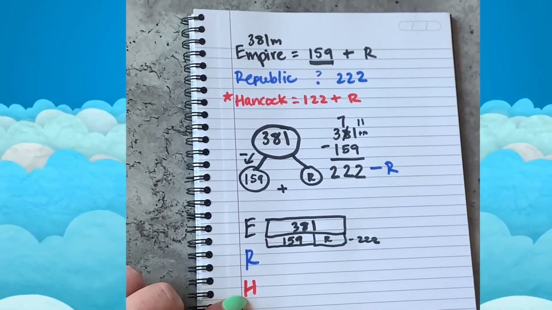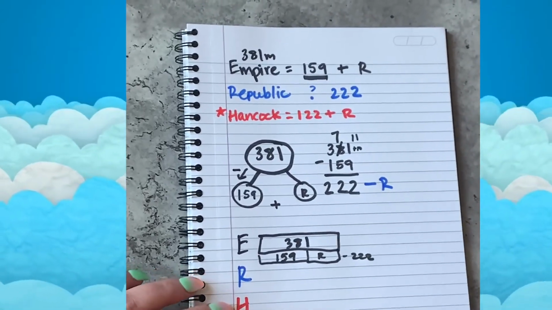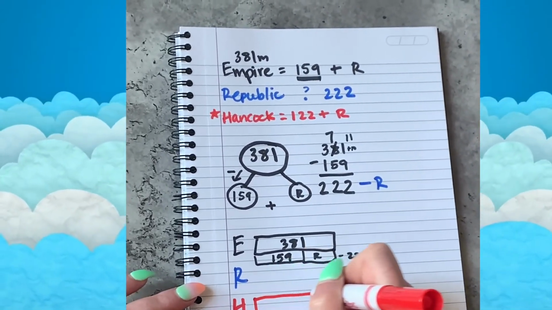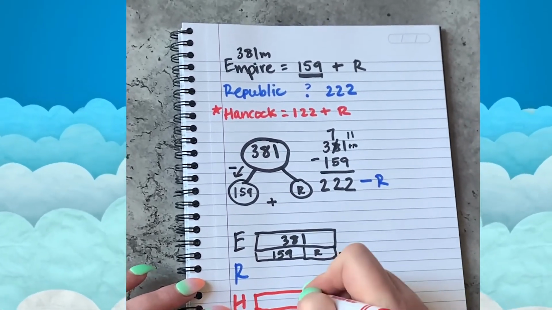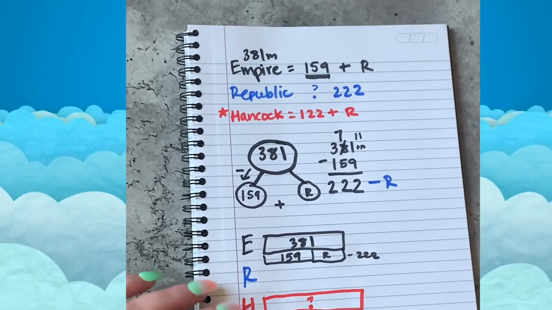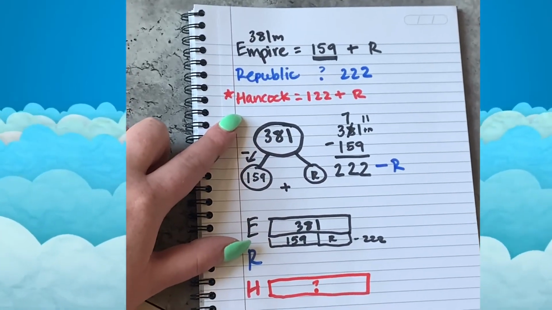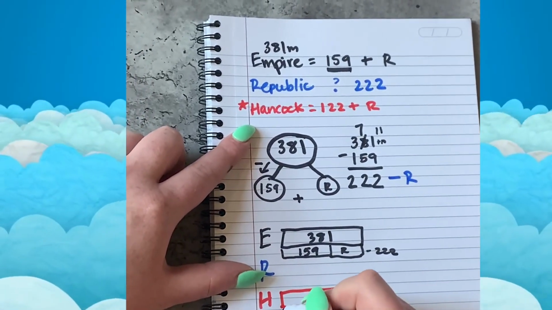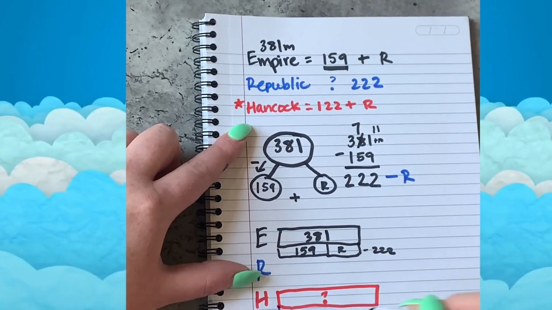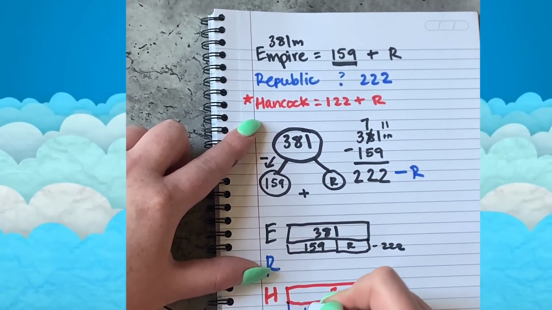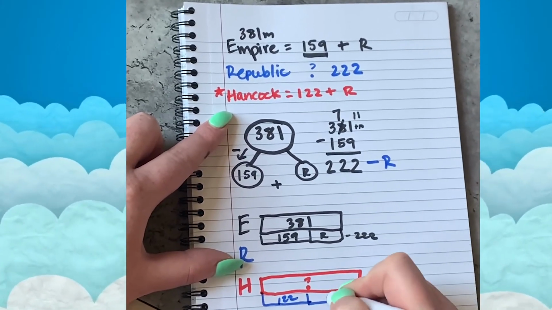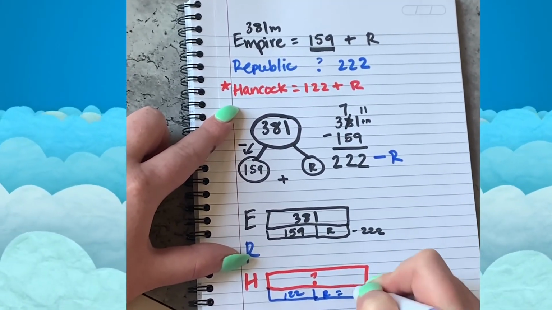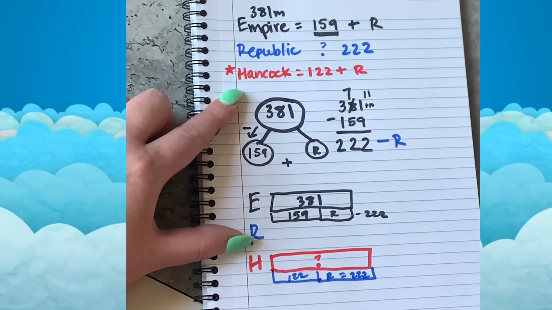So that means the Hancock Building is going to be 122 plus the Republic Building, which equals 222.